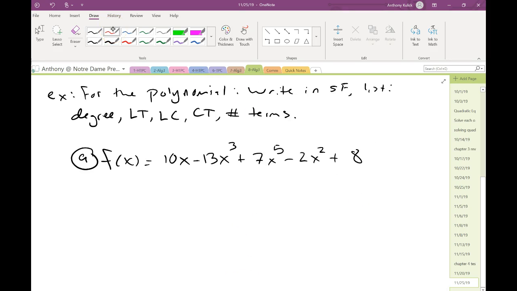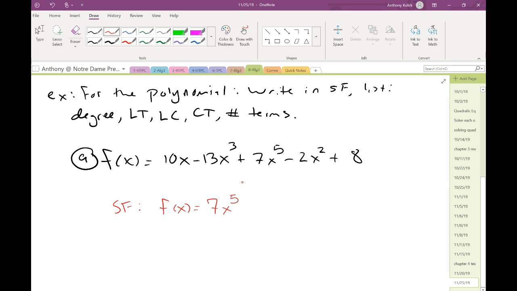So here's our polynomial. If I want to write this in standard form, what do I write first? 7x to the 5th. Good. Why did that one come first? Biggest exponent comes first, exactly right.